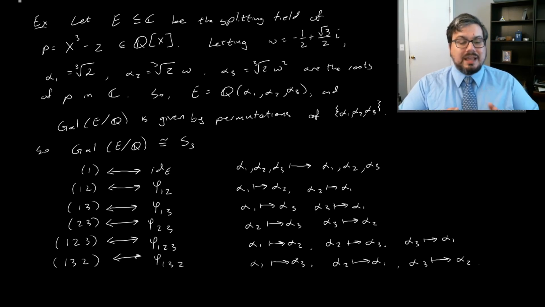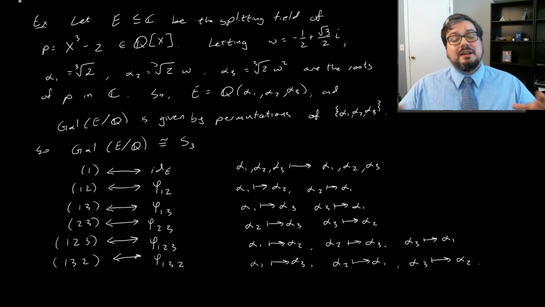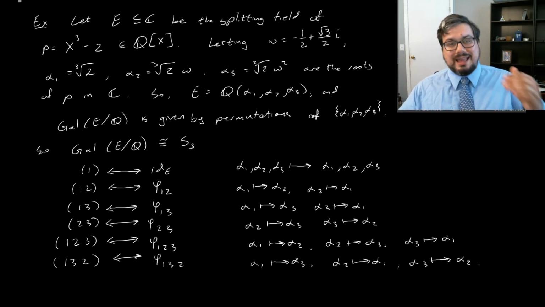So we can look at the net of subgroups of the Galois group, which are just the subgroups of S3, and look also at the indices of their subgroups, and then use the fundamental theorem of Galois theory to tell us what that means about the subfields that lie between the rational numbers Q and the field E. So we can look at the net of subgroups of S3.